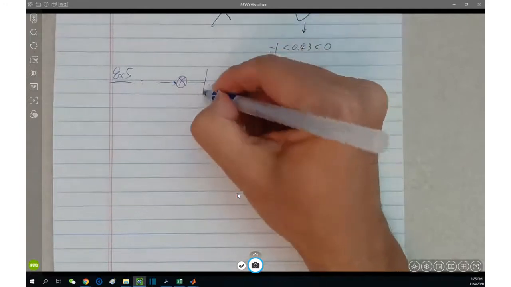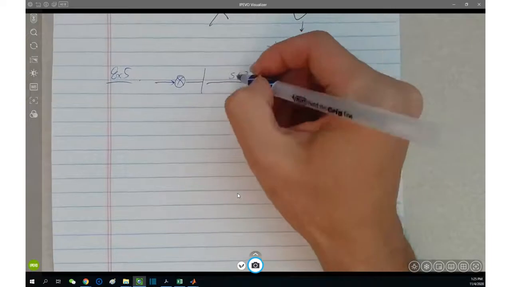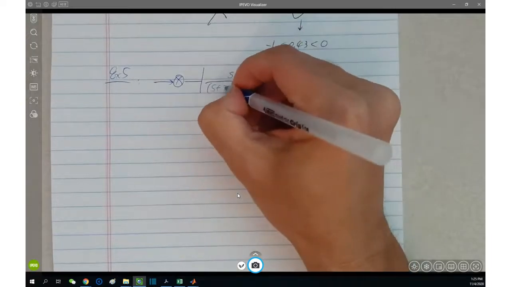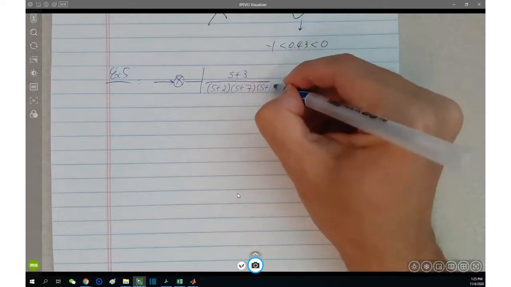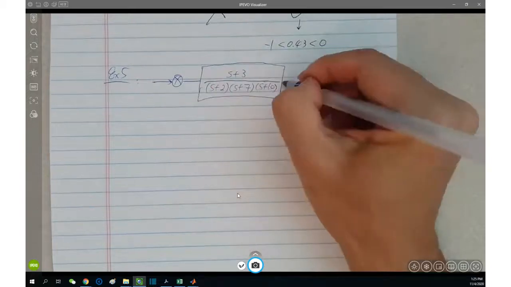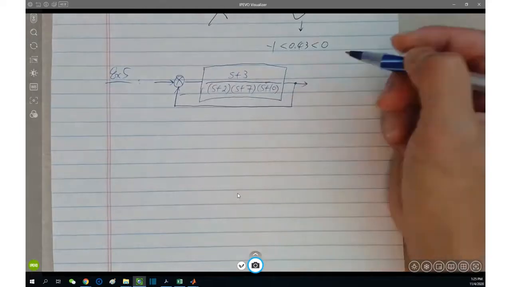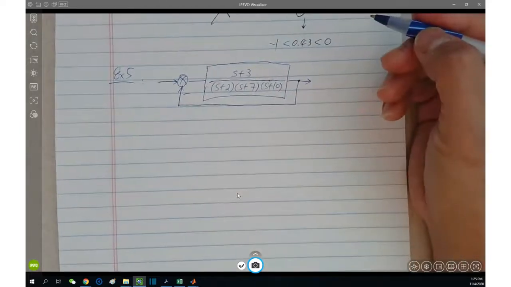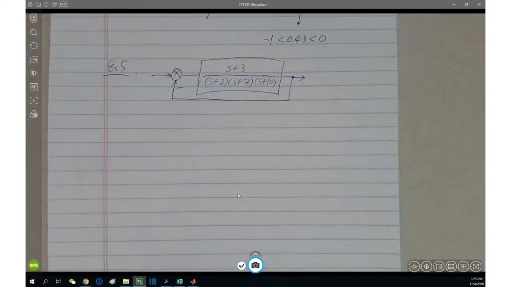Once again, the system block diagram is given. Now, how to plot this system's root locus?